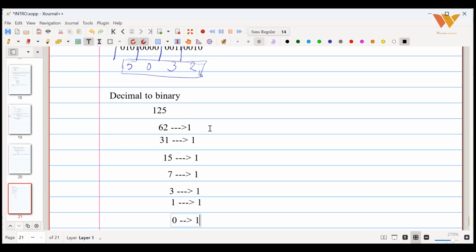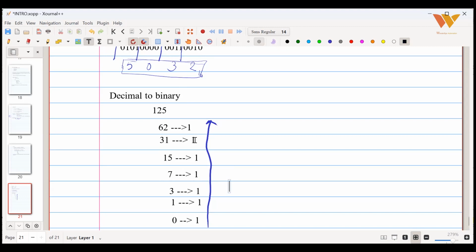So now I have to represent it, right? I'll take the values in the reverse order. I have to read like this. Therefore, I'll get the value as, I think I've made a mistake somewhere. Madam, 31, 0 carry, madam.